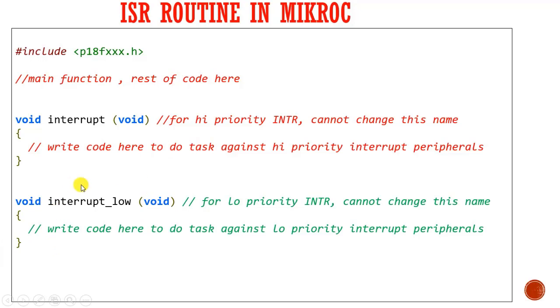While if you have turned GIEL equal to 1 and you have IPEN equal to 1 as well, then this function would be called automatically whenever any low priority interrupt module generates a flag. This function and this function have fixed names in PIC18F452. You cannot change their names, but you can change the content that you write over here.